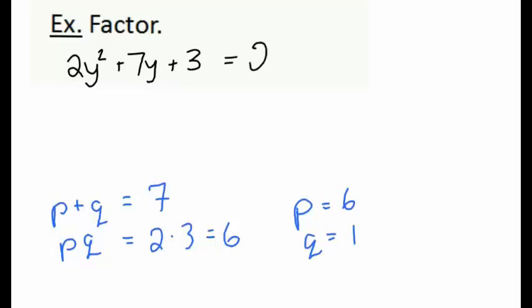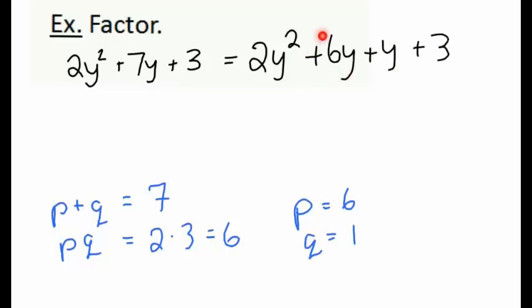So what we do is we break up our middle term, which is 7y, into a sum: 6y plus 1y. These new values of 6 and 1 are the numbers we get for p and q. After we've done this, we use the grouping technique to try to find a binomial factor.